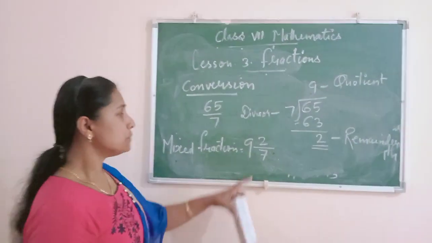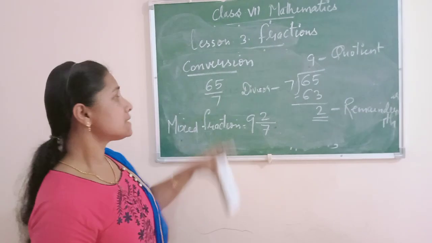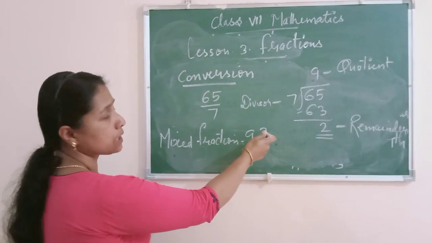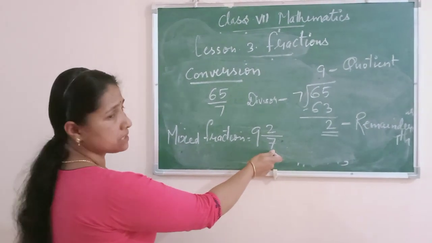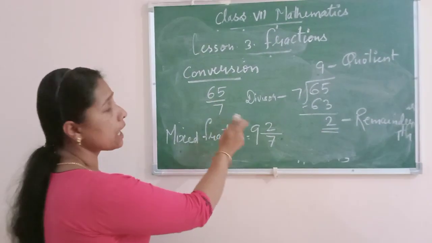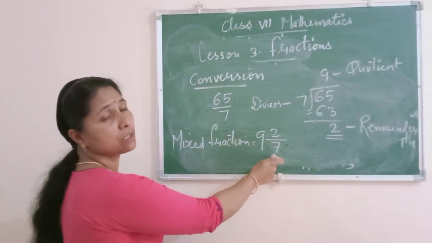This is the mixed fraction for this improper fraction 65 upon 7. So 9 is the quotient, 2 is the remainder, 7 is the divisor. And listen, this improper fraction's denominator and the mixed fraction's denominator will be the same, it will not change.